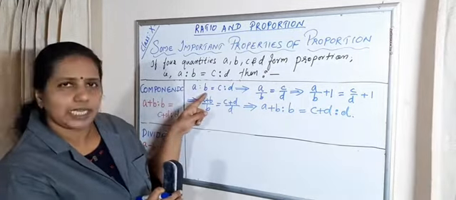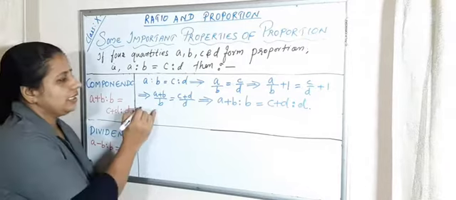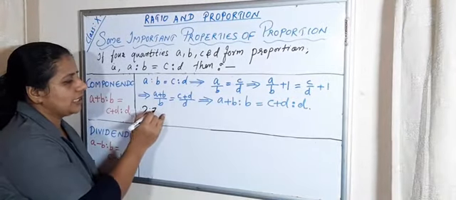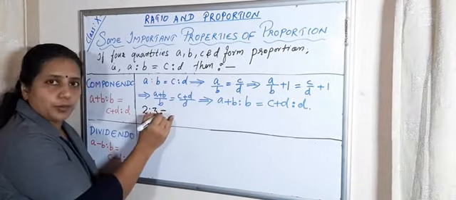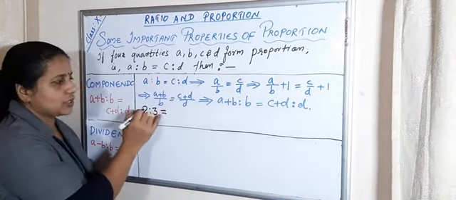Next, I am giving an example. If 2 is to 3 proportional to 2 into 2, 4, taking another proportion 3 into 2, 6, that is 2 is to 3 proportional to 4 is to 6.